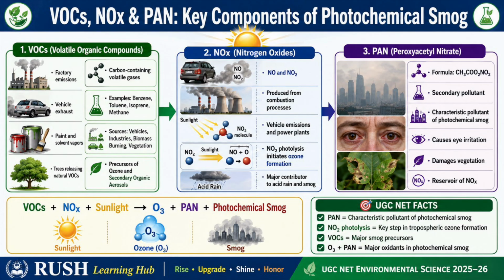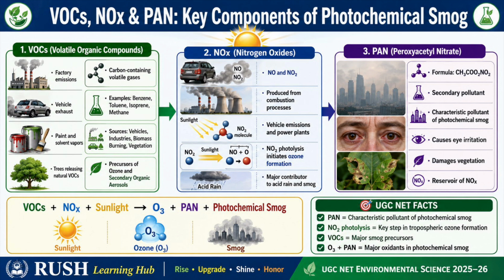Among these two gases, nitrogen dioxide plays a particularly important role in atmospheric chemistry. When sunlight strikes nitrogen dioxide, it undergoes photolysis and produces nitric oxide and atomic oxygen. The atomic oxygen then reacts with molecular oxygen to form ozone. This process represents the key step in tropospheric ozone formation.